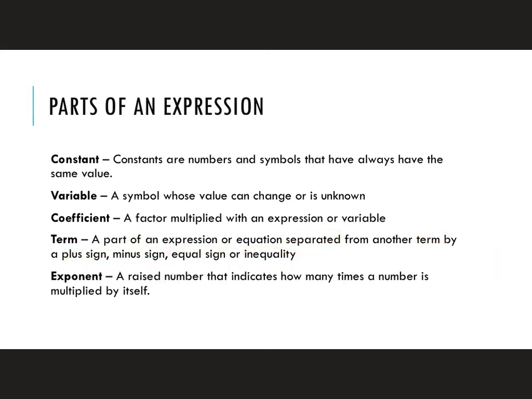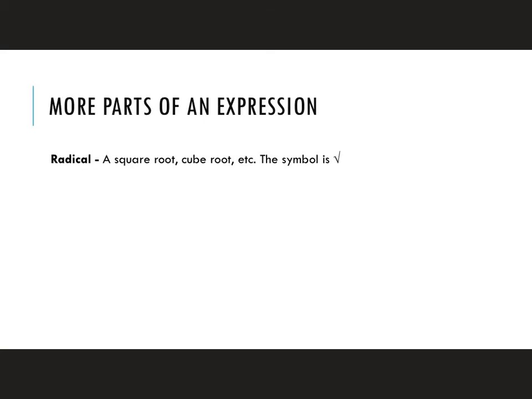Next, we have exponents. Exponent is a raised number that indicates how many times a number is multiplied by itself. So, 5 to the third power is 5 times 5 times 5. And that's our exponent. Those are equivalent. Okay, real quick, we also have a radical.